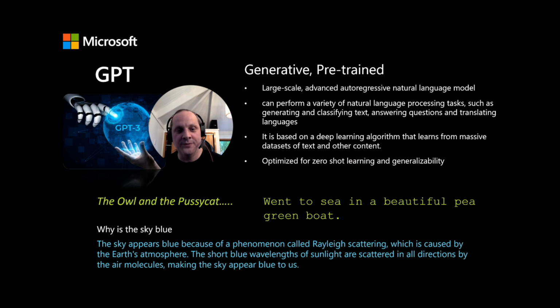Why is the sky blue? The next tokens or words likely to follow when I enter that are going to be a description of why the sky is blue, because something similar is likely to have been seen before. So again, it's predicting the next likely set of tokens from the input.